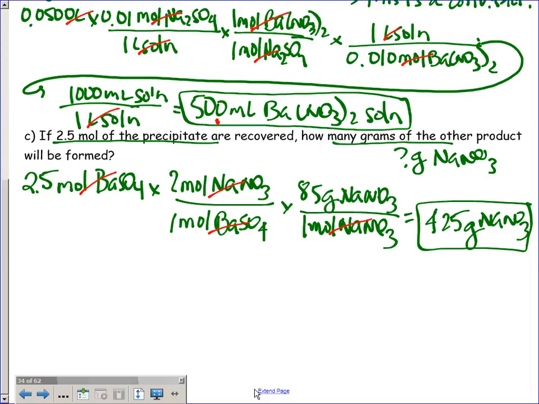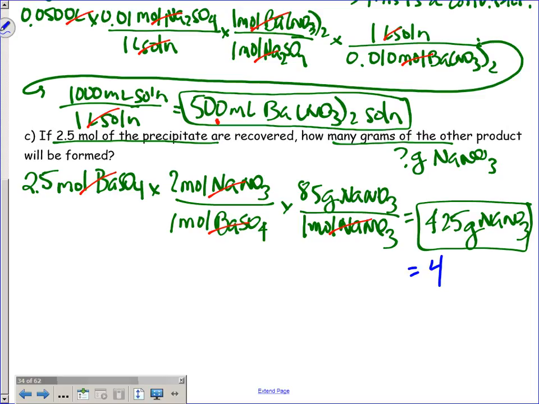Yeah. I got 420 because I only used 2 sig figs. So it should actually be 430 because you'd round up. Yeah. Well, I got 424.97. So your molar mass probably was to more sig figs by looking at your periodic table. Sometimes what you guys will find is our answers will be really close.